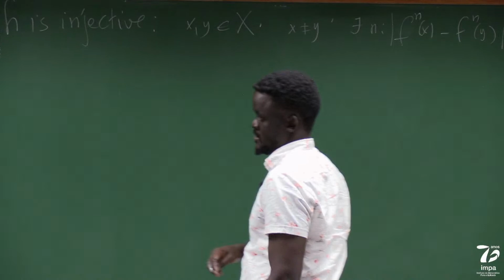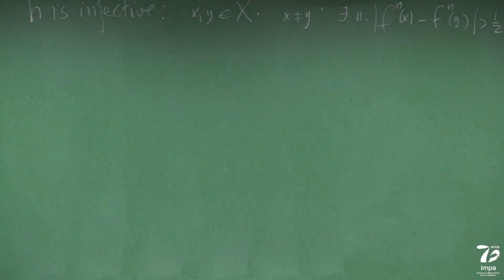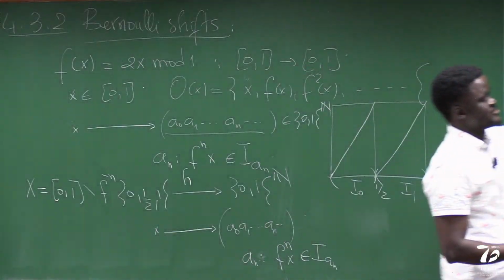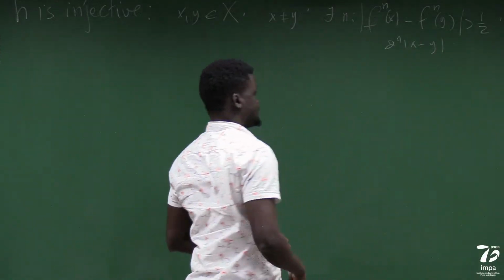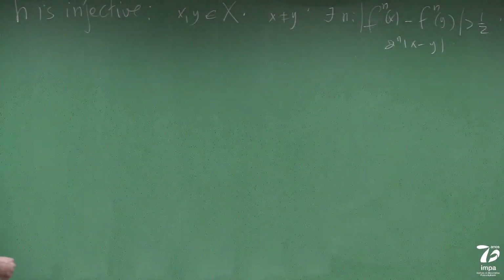Because this is 2^n times, so roughly this is 2^n times (x minus y), and this grows. Okay? So it is injective.